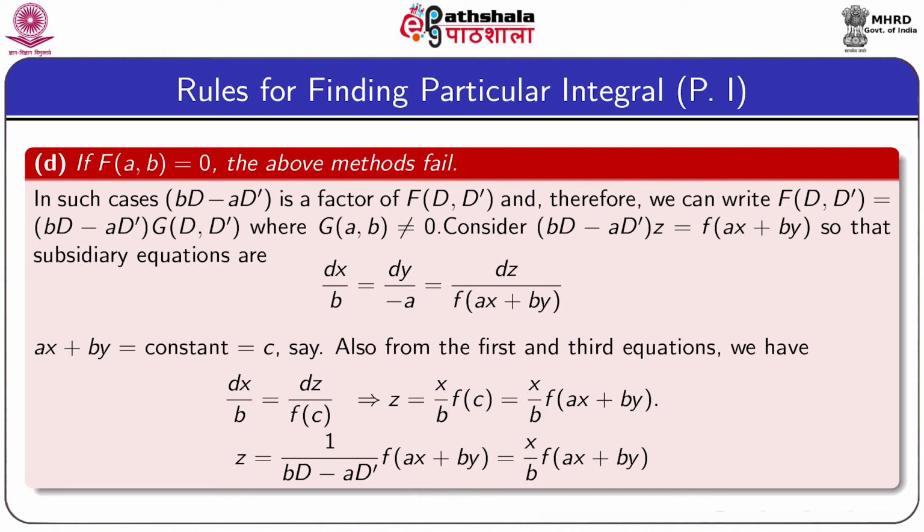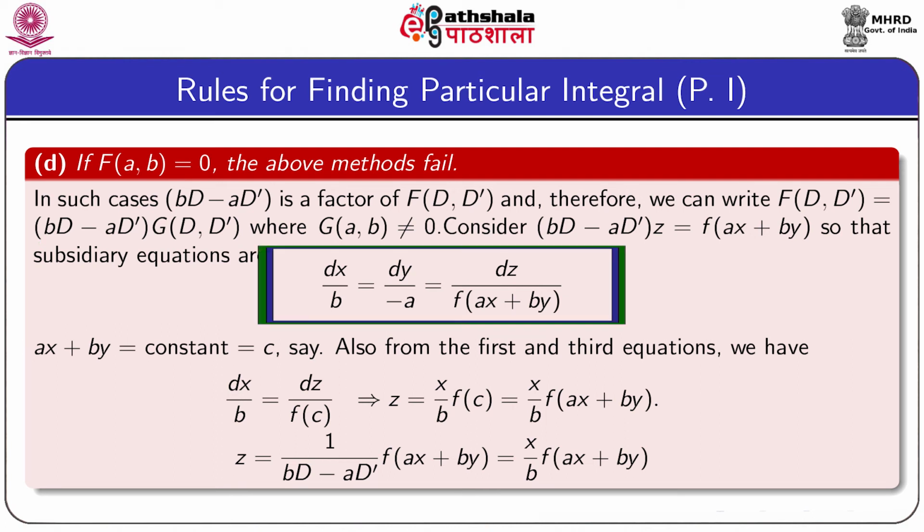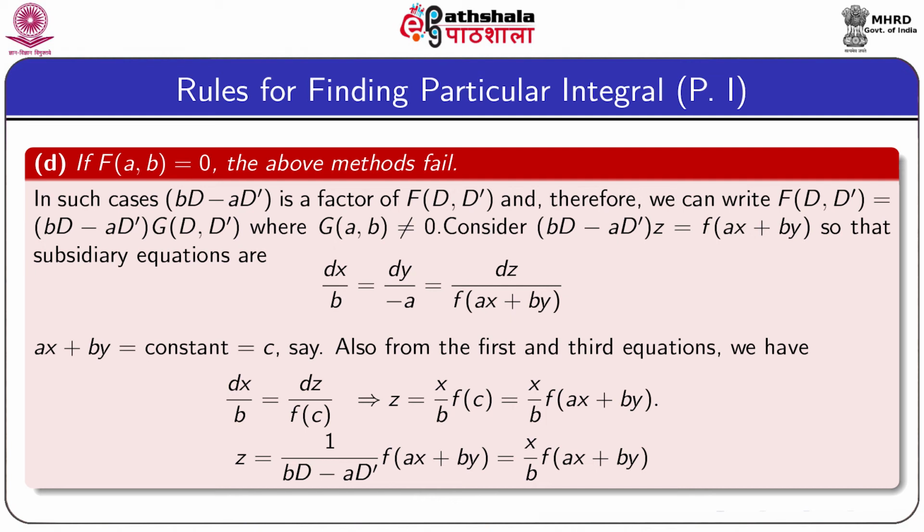Now, consider the differential equation (bd minus ad dash) z equals small f of ax plus by. This is a first order partial differential equation, so we can write the corresponding Lagrange subsidiary equation, which is written here: dx by b equals dy by minus a equals dz by f of (ax plus by). Taking the first two equations, one can obtain a solution as ax plus by equals constant; let that constant be c.